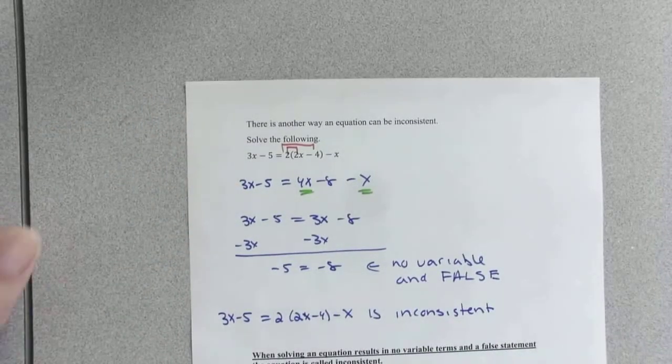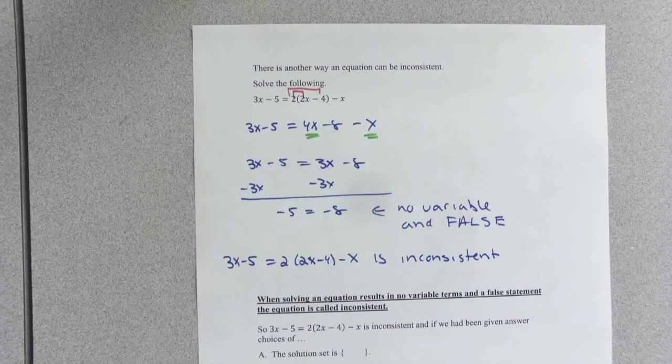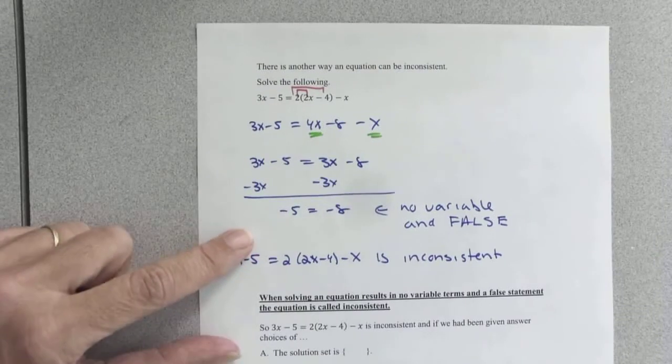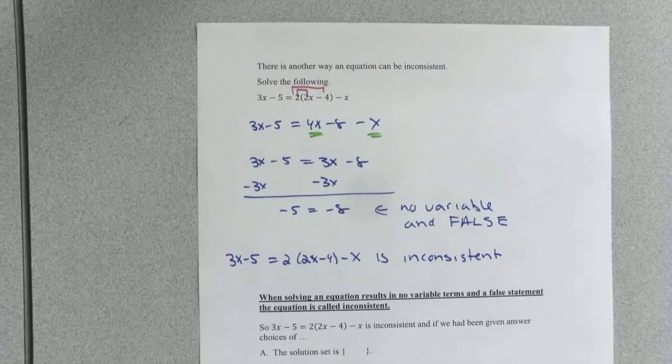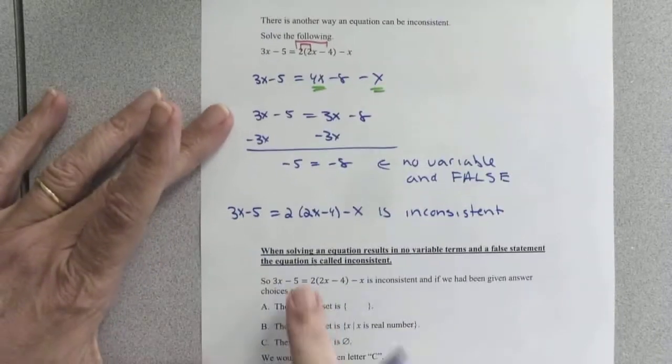So there's another way that an equation can be inconsistent. Again, it's still the same idea. You didn't get a solution. We got a perfectly ridiculous statement, -5 equals -8, but you didn't get a solution, and so it's inconsistent. So that's just another way to recognize an inconsistent equation.